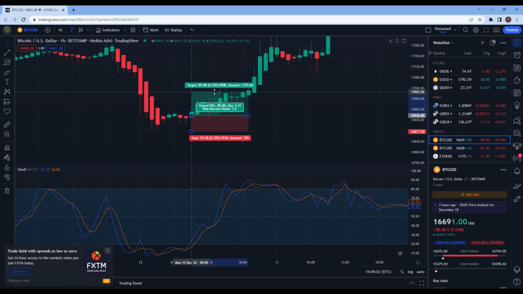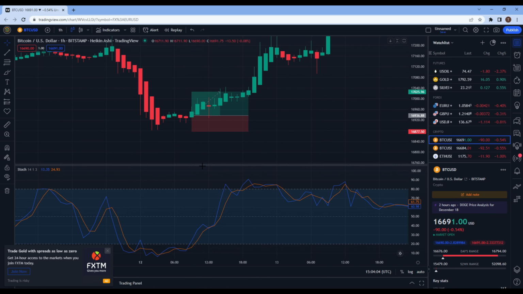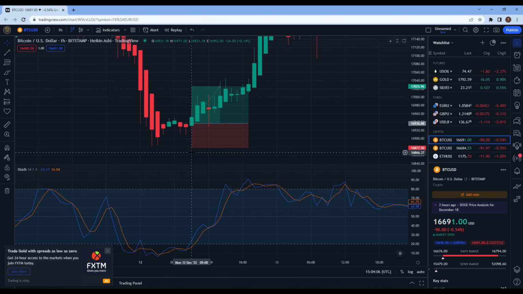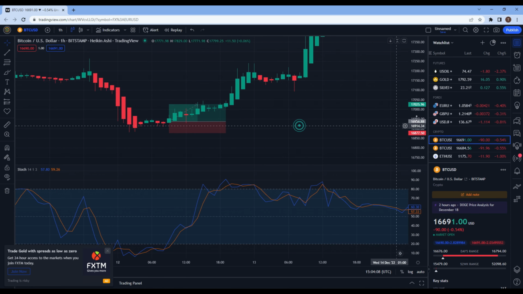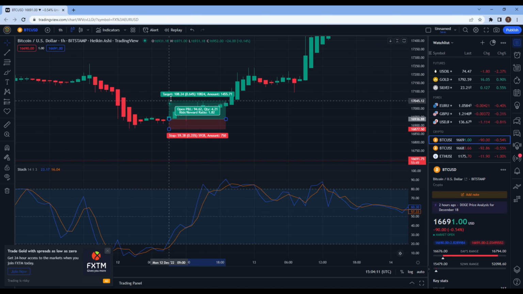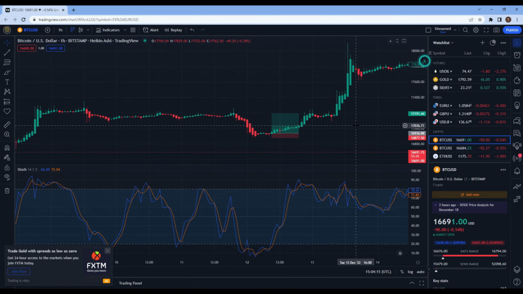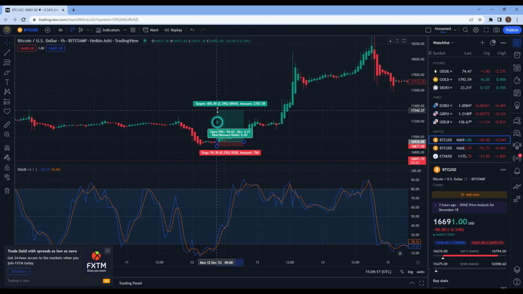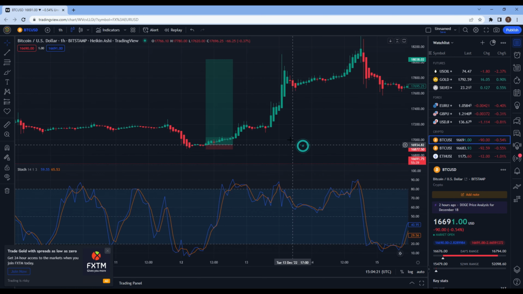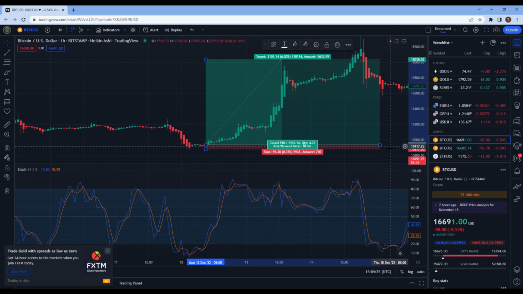Yes, you can see that our target is hit here also, in BTC. If you follow the Japanese candle here, managing your risk, trailing the stop, this thing goes almost 6.5%. It's a very good trade.